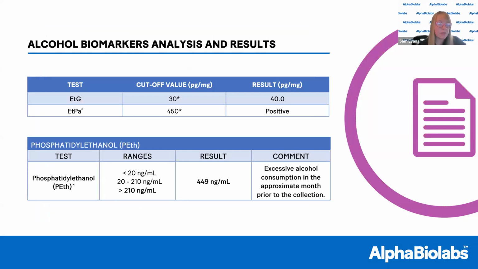Both of these results are above the Society of Hair Testing cutoffs for chronic and excessive alcohol consumption. PEth was also very high at 449 nanograms per milliliter, which is consistent with excessive drinking in the month prior to sample collection. So although ETPA can be artificially elevated by alcohol-containing hair products like hairspray, ETG is unaffected by such products and therefore confirms excessive alcohol consumption.